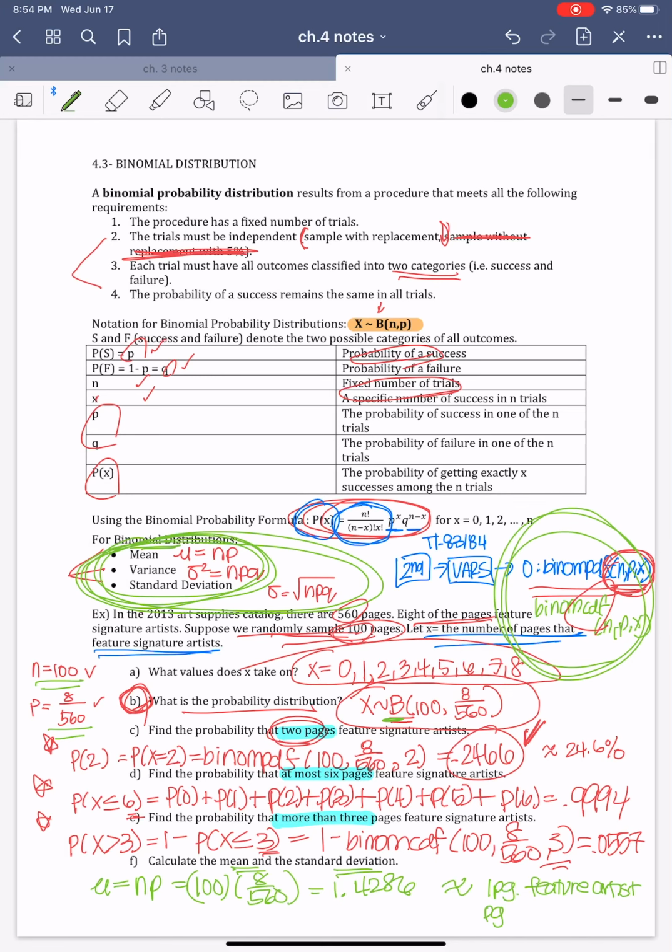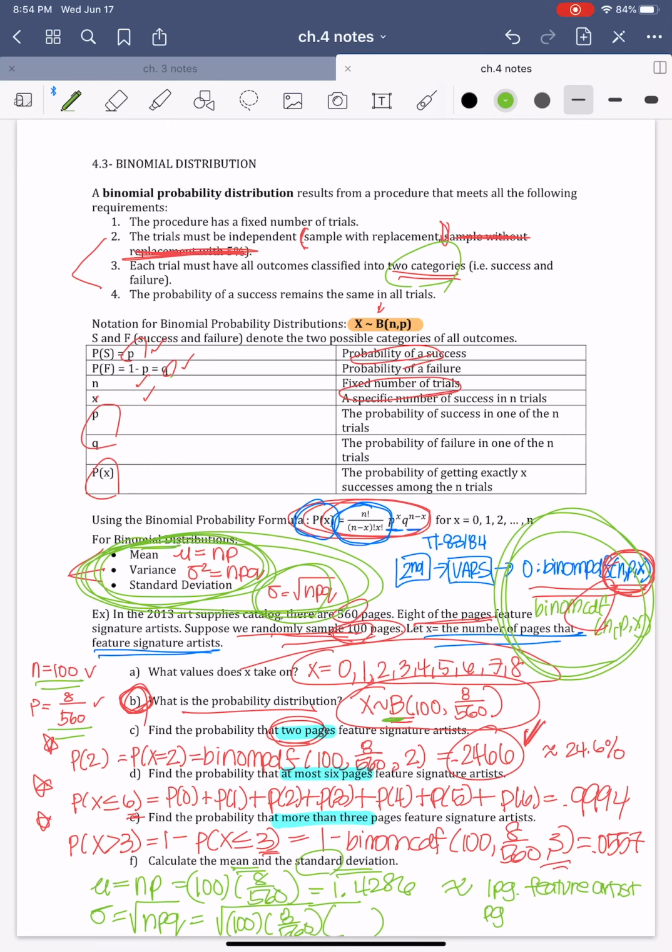Standard deviation is right there, the square root of NPQ, so square root of 100 times 8 out of 560. Now here is Q that we haven't calculated, but what does Q represent? Probability of failure. There's only 2 categories. If you have an 8 out of 560 chance of opening up a page having the feature signature artist, what is not having a feature signature artist?